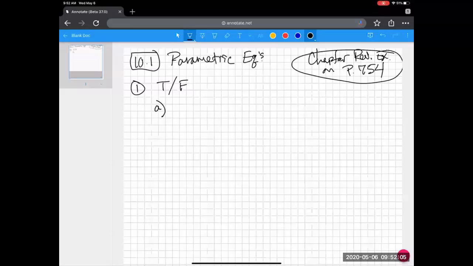So the first statement says a set of parametric equations for a given graph. Actually, it says curve, so let me try to stick to their language.